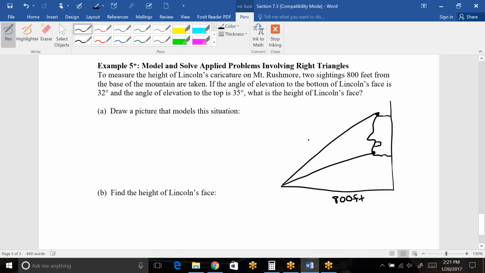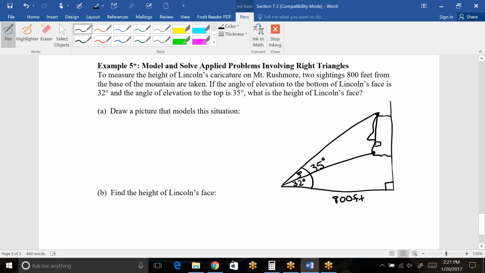The one on the bottom of Lincoln's face measures 32 degrees, and the one that goes up to the top only measures 35 degrees. Now that 35 does include the 32, so that means there's an extra 3-degree split right here. This would be 90 degrees because we're assuming that this is flat to this vertical here. And we want to know the height of his face.